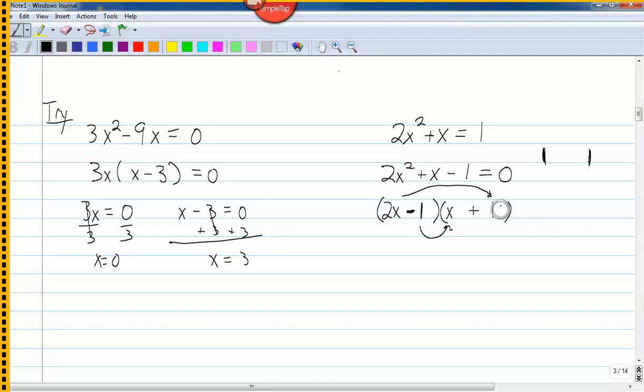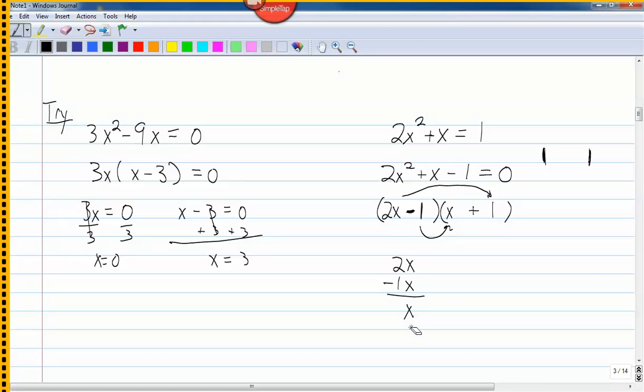If you multiply the outer terms, you get a positive 2x. If you multiply the inner terms, you get a negative 1x. So a positive 2x and a negative 1x is a positive 1x, and that is what I wanted. So it means I factored correctly.